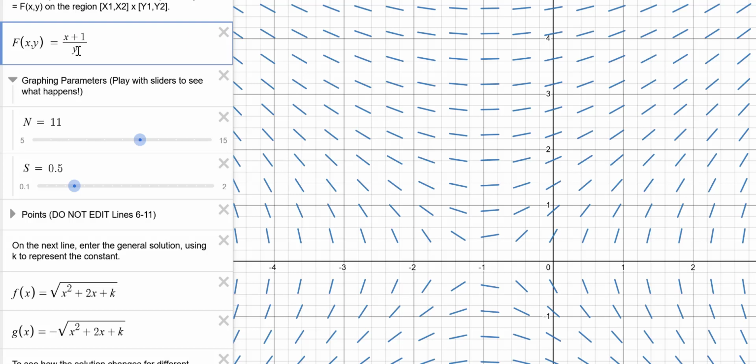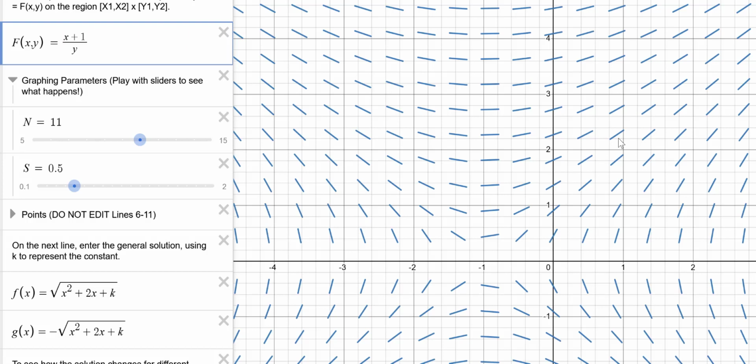So for example, when x is 0 and y is 1, so over 0 and up 1, that tells me that my slope is going to be 1. So whatever curve is the solution, it's going to be driving through this point, over 0 up 1, at kind of a 45-degree angle.